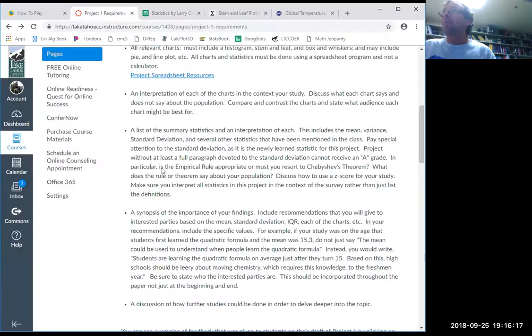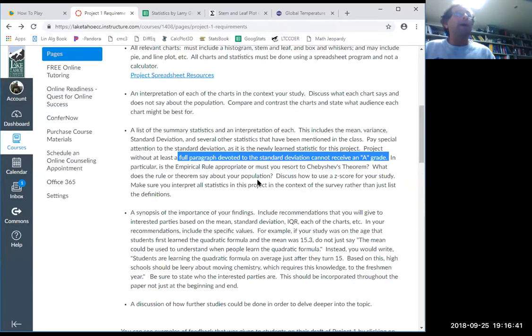Let me go through more. All right. So pay special attention to the standard deviation. Okay, that's the main statistic for this whole project. Projects without at least a full paragraph devoted to the standard deviation cannot receive an A grade.